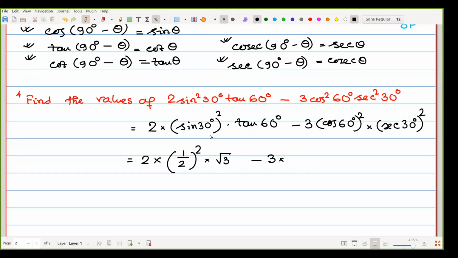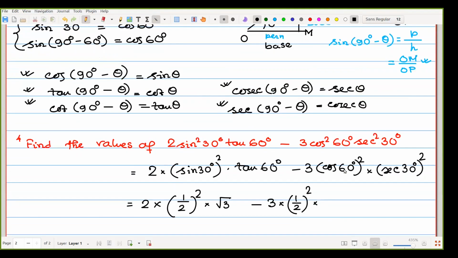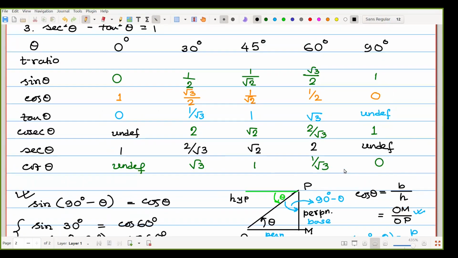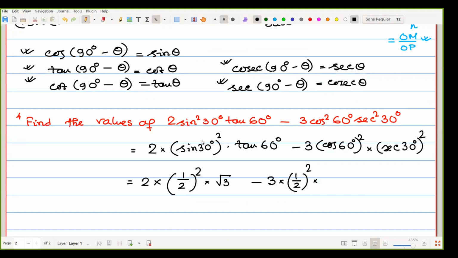Now we already know sine 30 degree is equal to half, so cos 60 degree must be half whole square. Now sec is the reciprocal of cos. Okay, so check here. Sorry, that one was sec 30 degree.